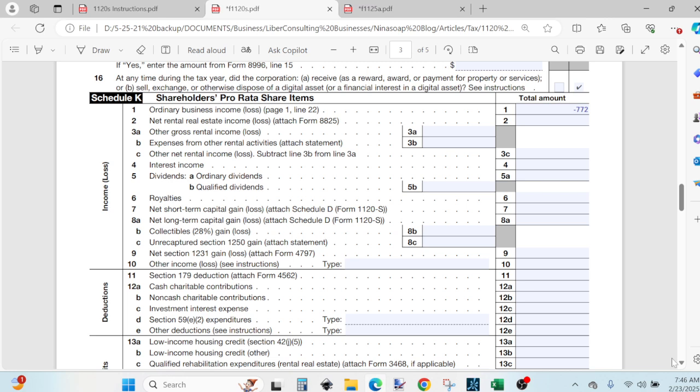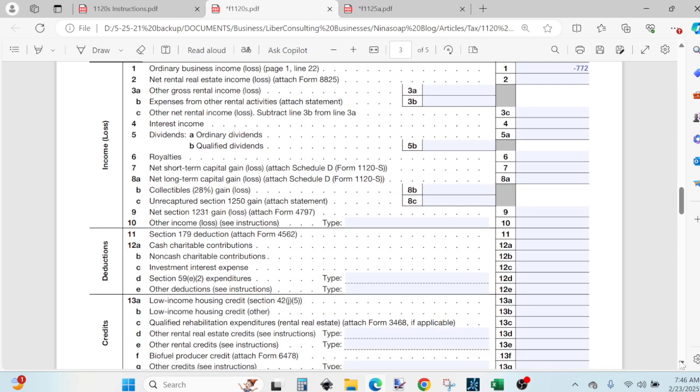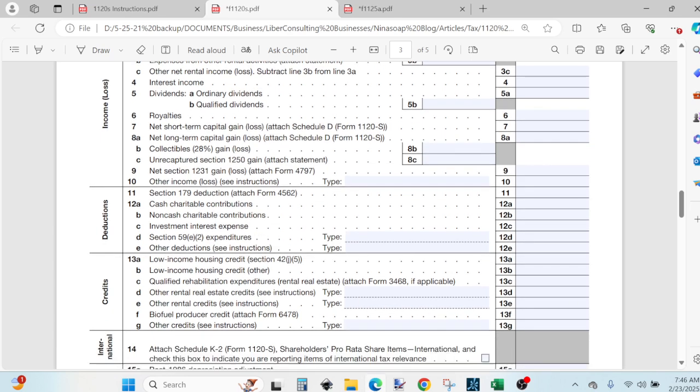If you have royalty income, you'll have royalty expenses that will be somewhere around this area, and probably on the other deductions line as well. But again, when you read the instructions, you'll know where the royalty expense related to royalty income will go.